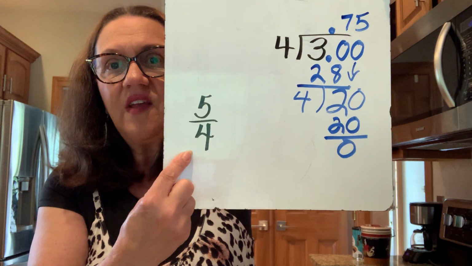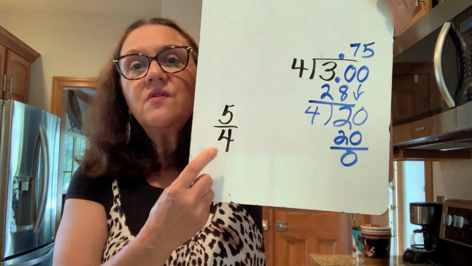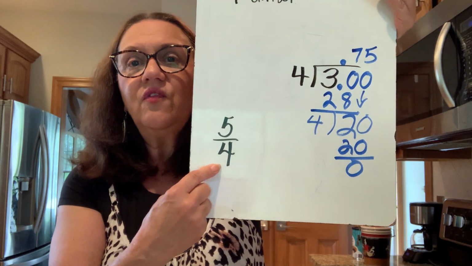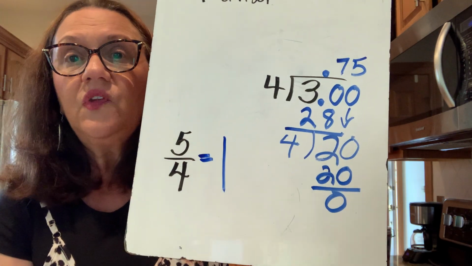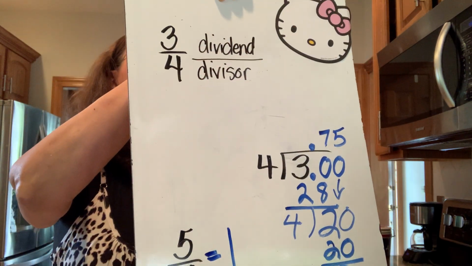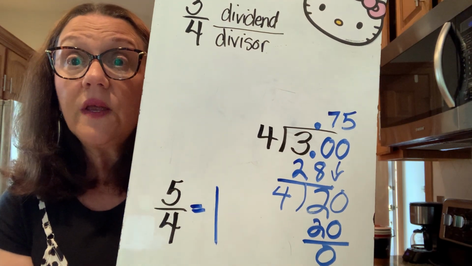So here is an example of my improper fraction, 5/4. So if you ask yourself, well, how many times does 4 go into 5? Well, it only goes in one time, one whole time, right? So we get 1 whole. So my remainder, 5 take away 4, gives me a remainder of 1, which we know is our numerator of 1.